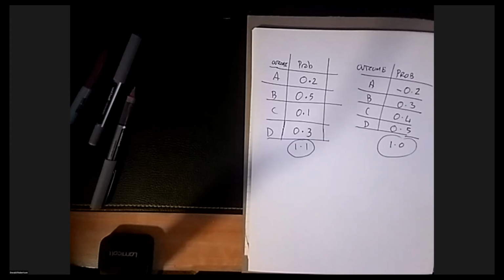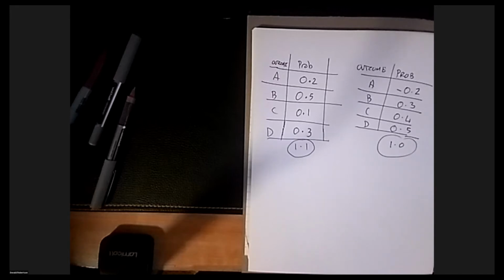What's wrong? Because probability is between 0 and 1. Right, and you're not allowed negative numbers.